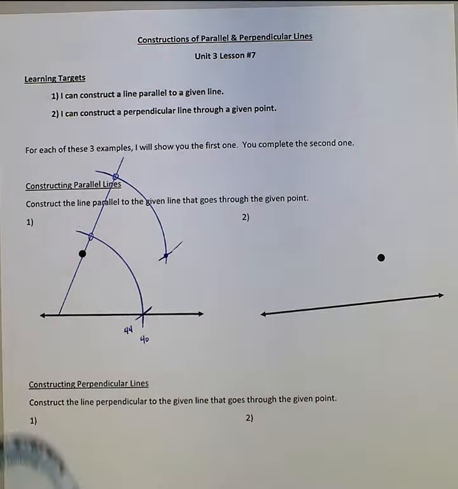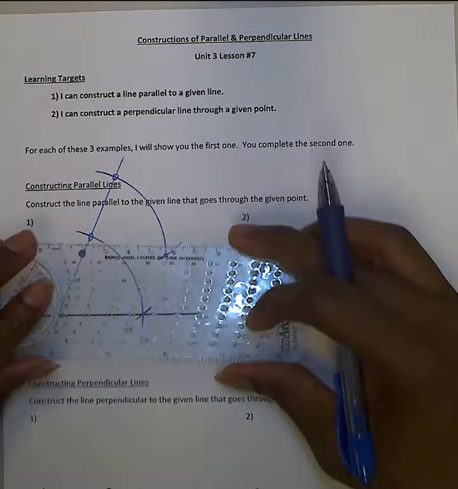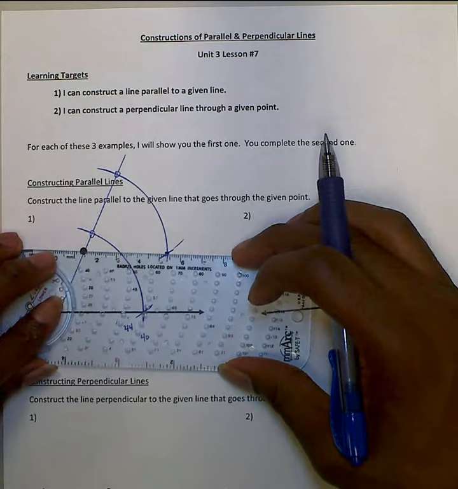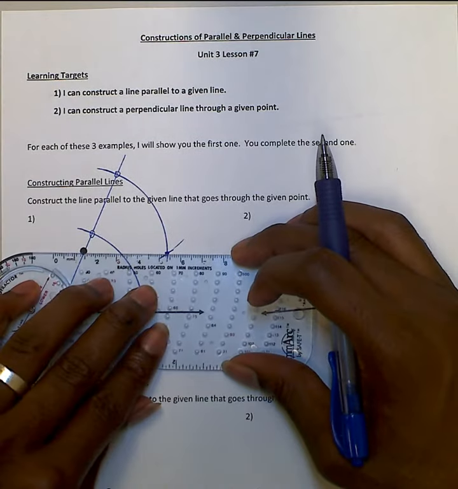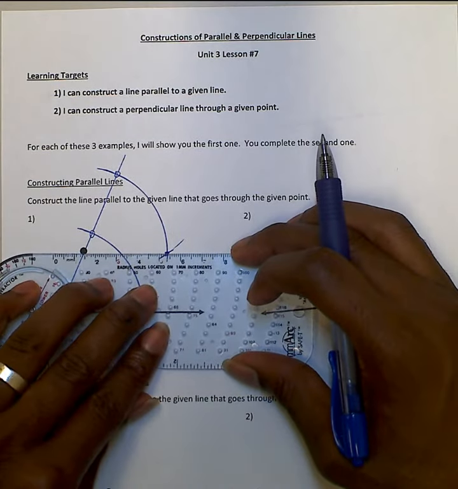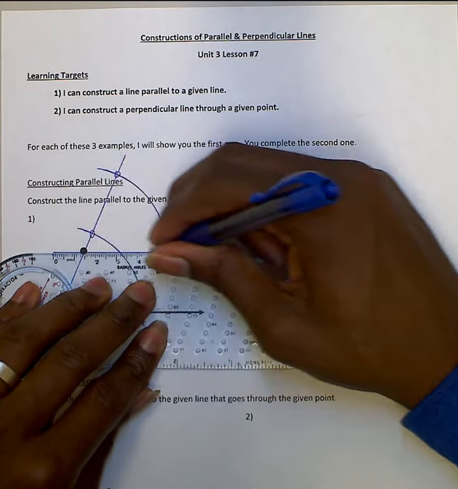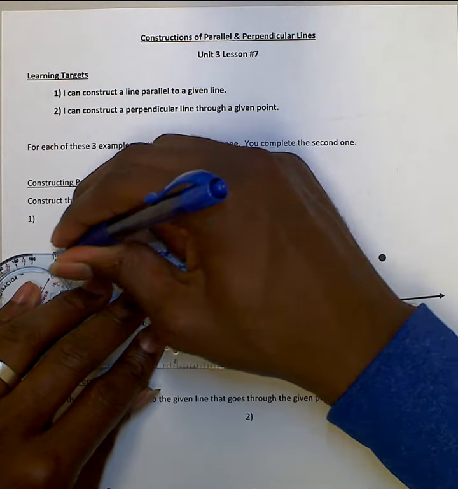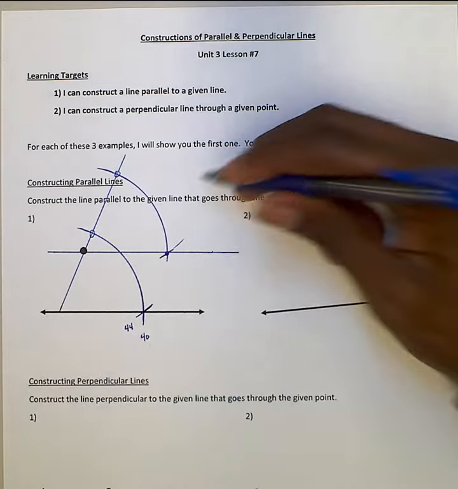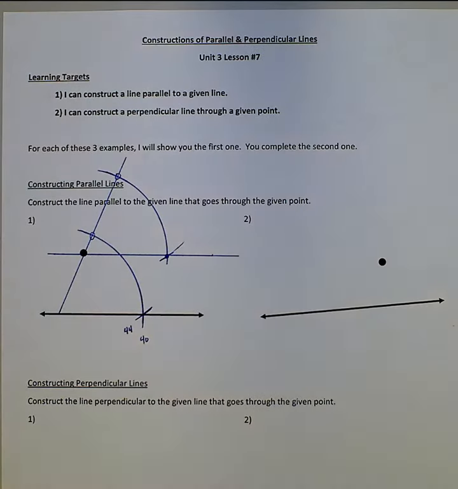So my parallel line will go from this point through that point, and it should be parallel to the other one. Draw straight through. Hope it comes out good. Not too bad at all. So we're basically making an angle in order to copy it, and this is our new line.